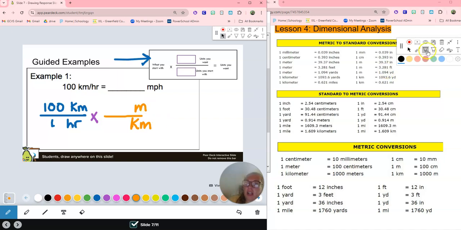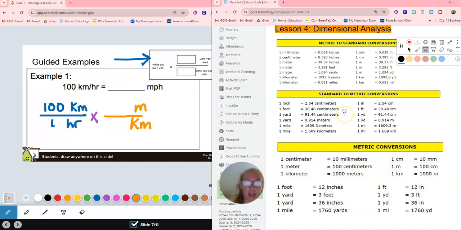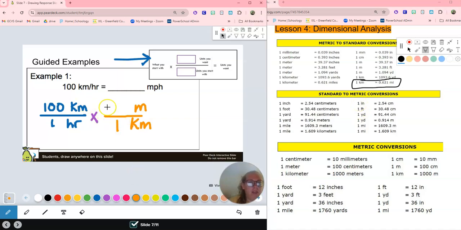So we look at our conversion chart over on the right, and I'm looking for miles and kilometers. I see that 1 kilometer is 0.621 miles.